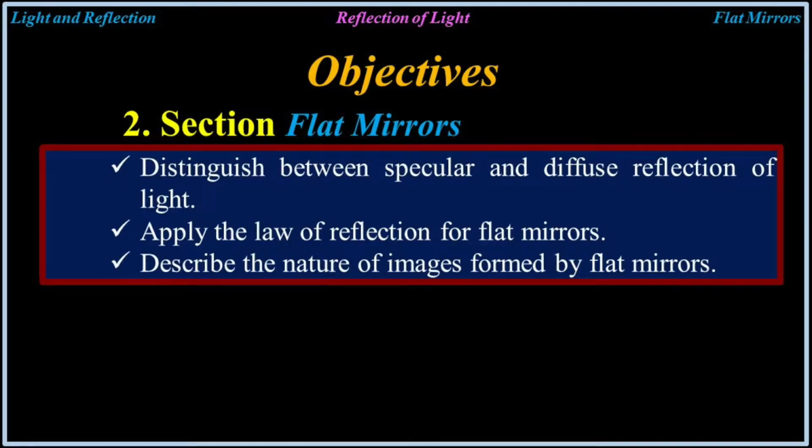Section 2, flat mirrors. Distinguish between specular and diffuse reflection of light. Apply the law of reflection for flat mirrors and describe the nature of images formed by flat mirrors.